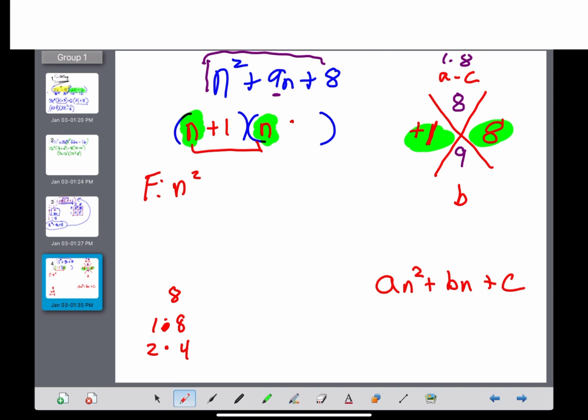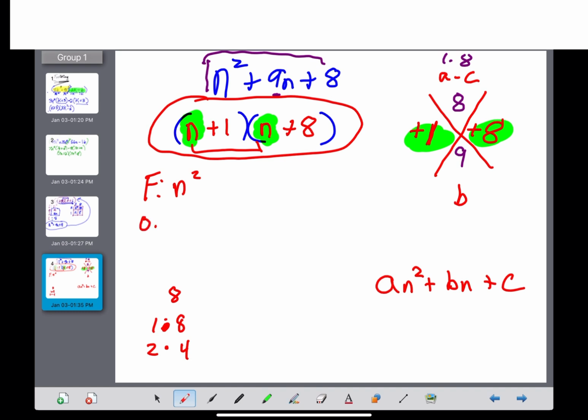And the second one is going to be n plus 8. Again, because there's understood to be a plus sign there. And we'll talk about how we know what plus and minus is here as we go along and look at different questions. But now, this is that factored form, the product of two binomials. And that's what we're shooting to do today, is get that product of two binomials.